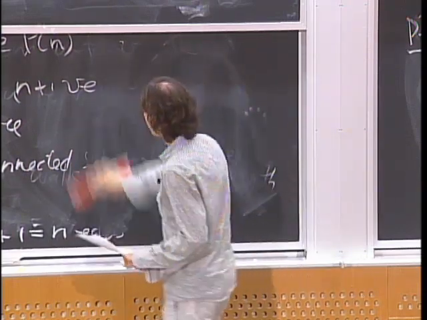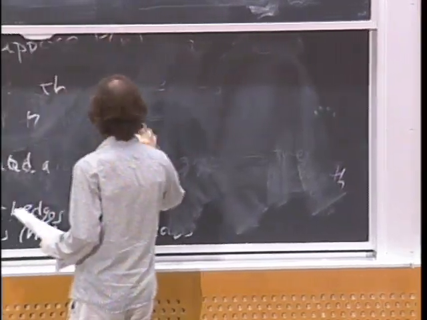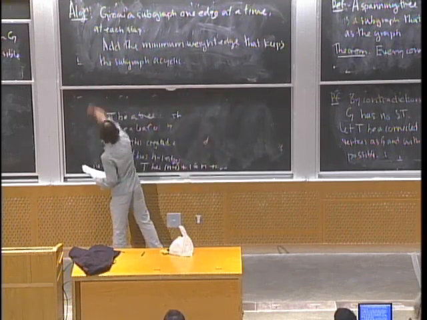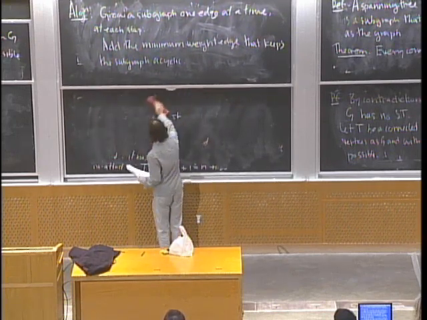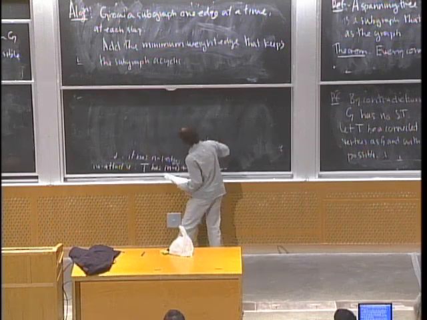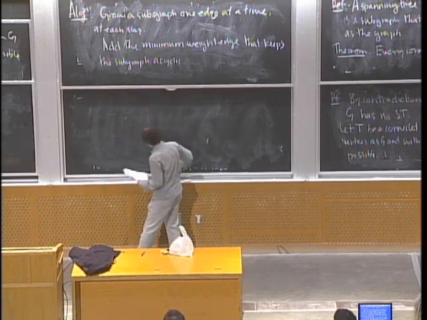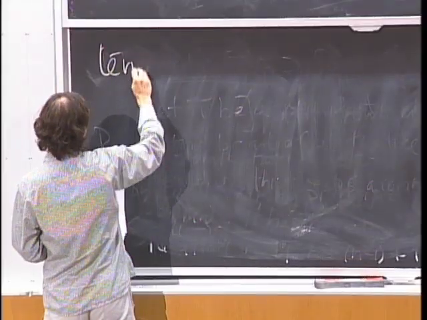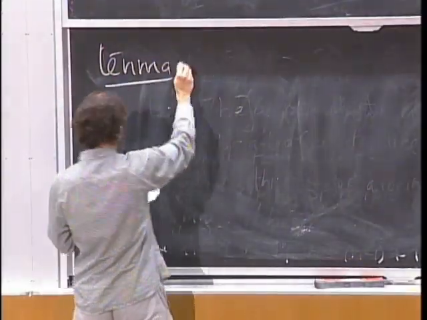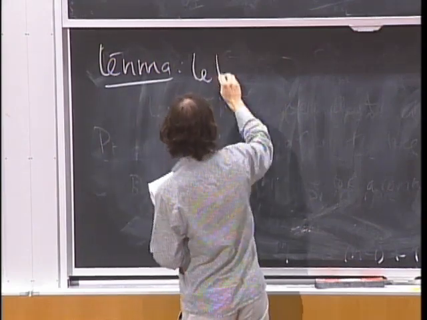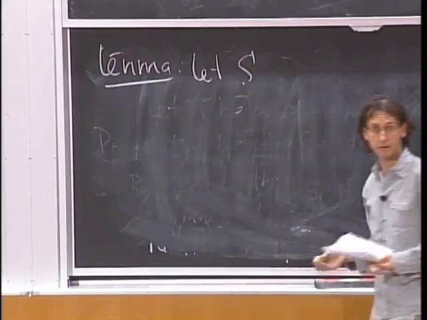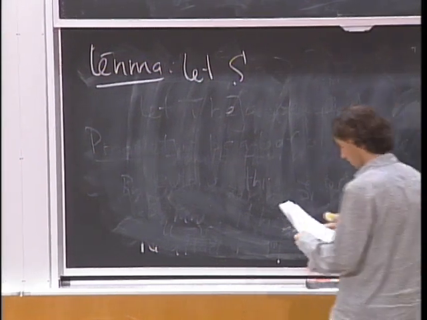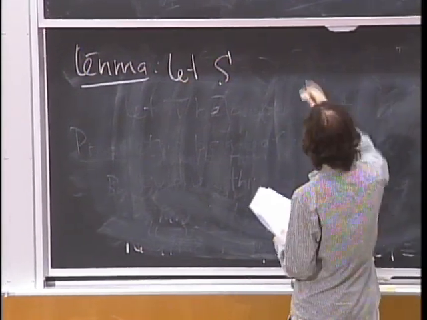So, formalizing, we want to prove the following statement. So the lemma that will help us is: let S be the set of edges that I have been selecting up to now in the algorithm.